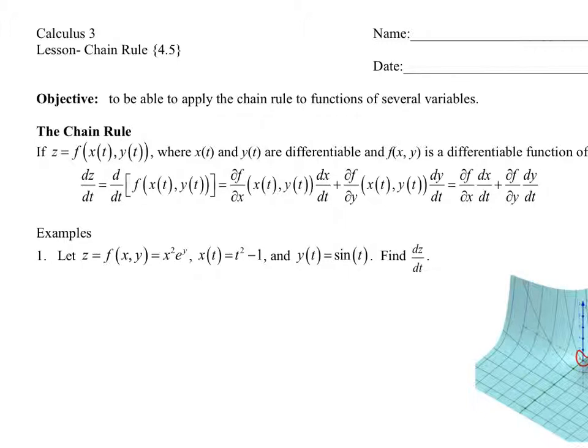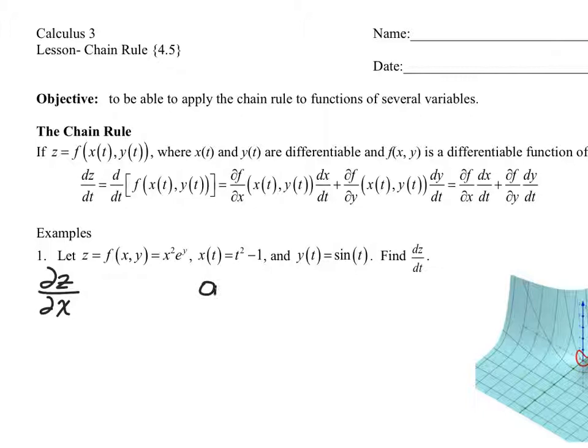Now, if you think about this reasonably, using a systematic approach, you'd come up with the idea that, all right, if I'm using partial derivatives, I could find the partial with respect to x. I could also find the partial with respect to y.